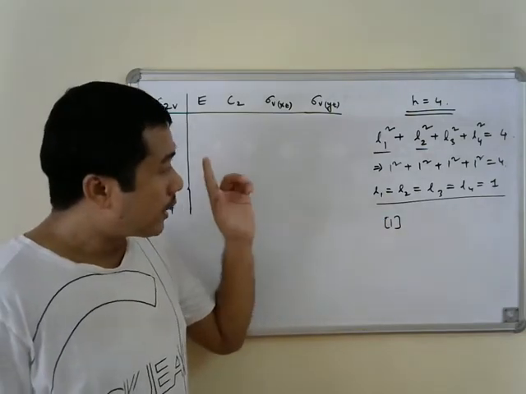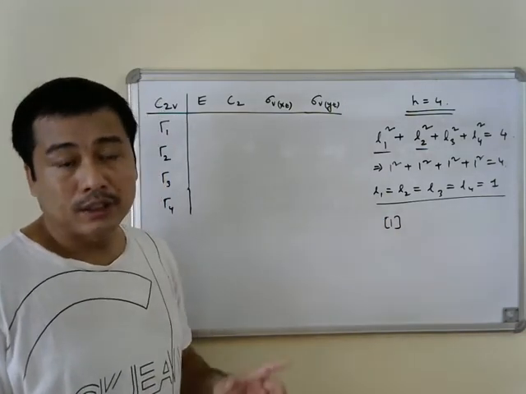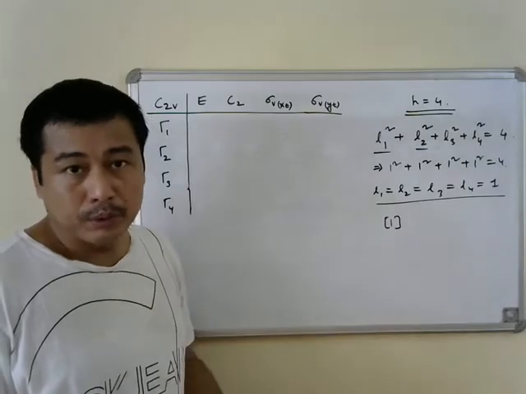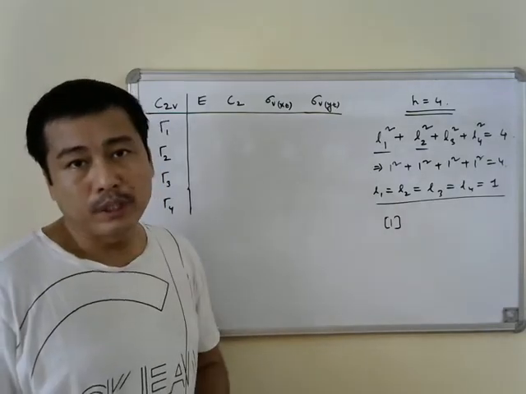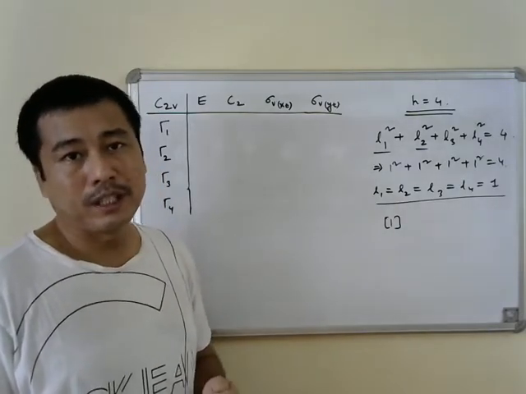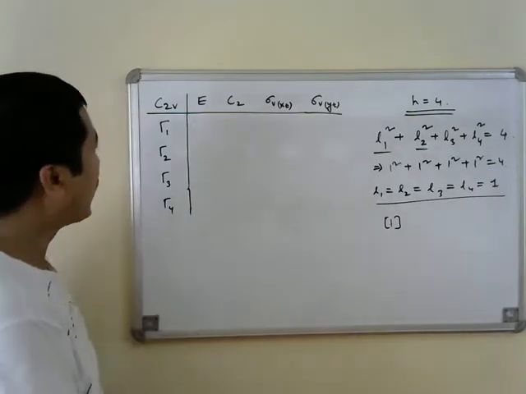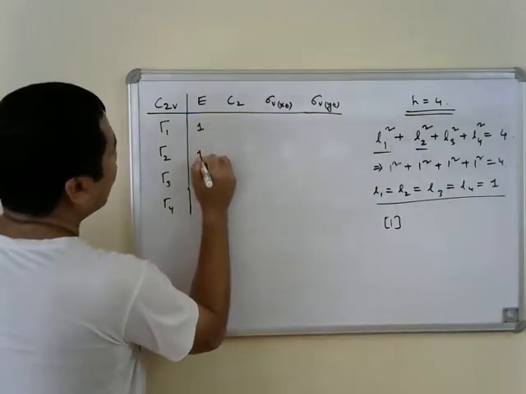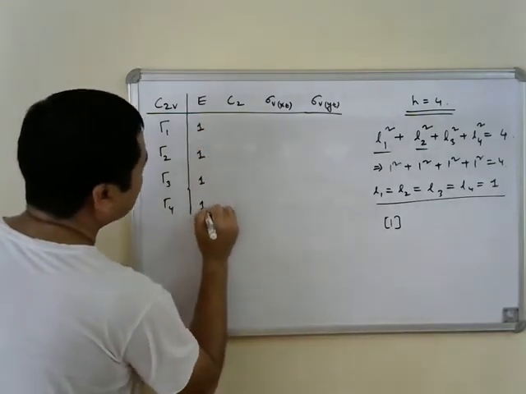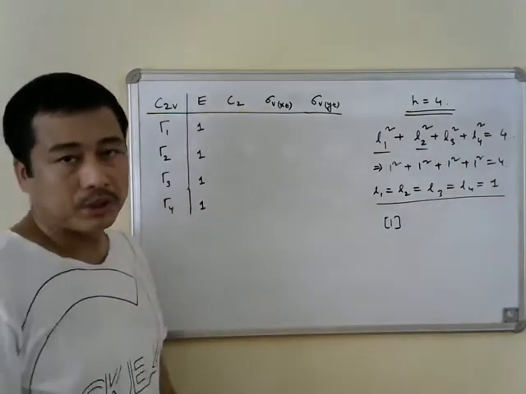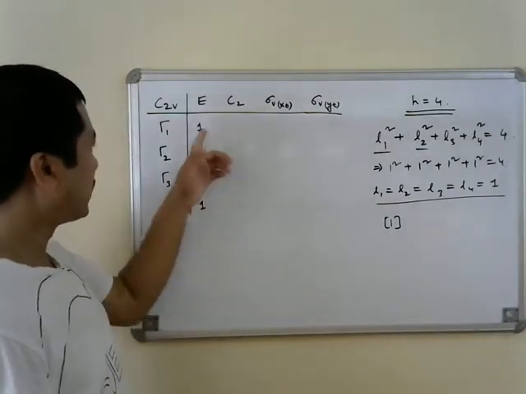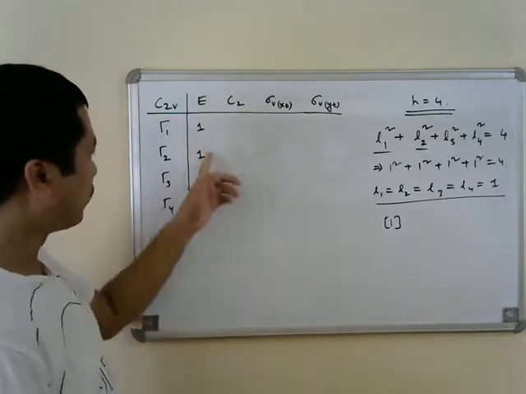So the character of the identity operation within a given irreducible representation is equal to the dimension of the irreducible representation, and that is why the character of the identity operation in all these one-dimensional irreducible representations is equal to 1.